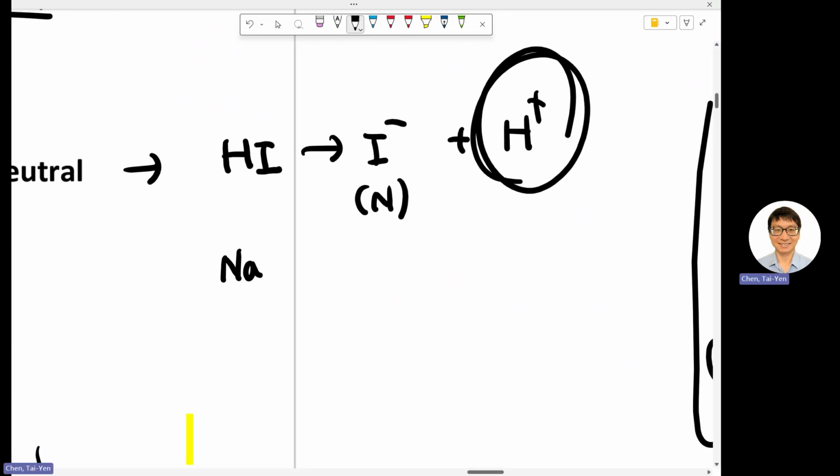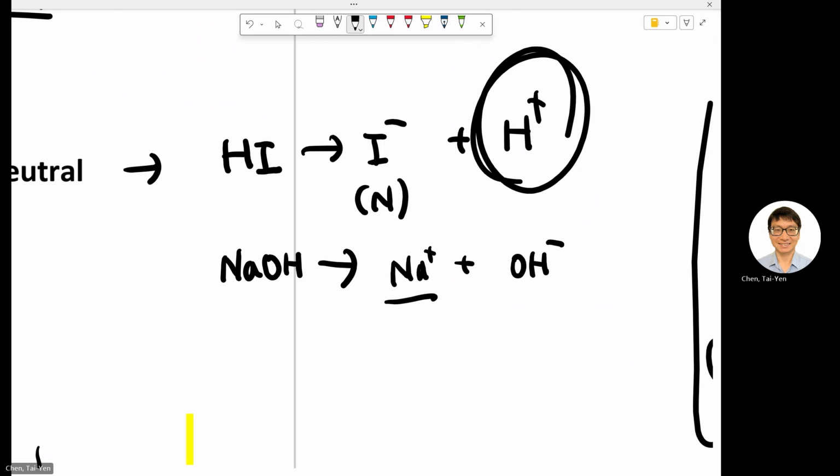Now, strong base, right? Let's say the most famous example, sodium hydroxide, right? A strong base. Once this dissociates, what do you get? Sodium plus, and then OH minus, right? Okay. This is the conjugate acid of sodium hydroxide. Okay.